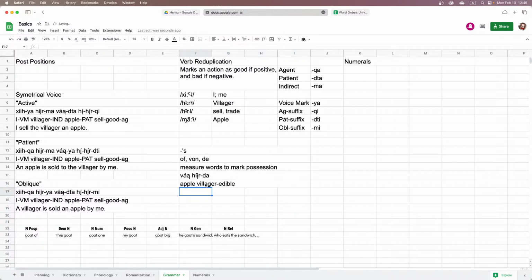The villager himself is not edible. That is just to agree with the apple. And this would directly translate to the villager's apple.